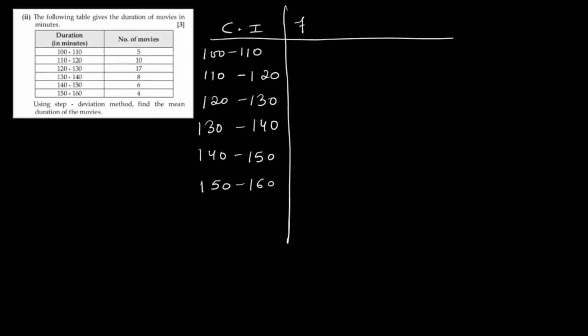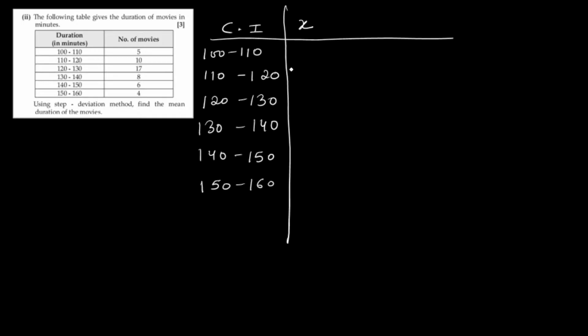So before writing frequency, what do we have to write? What do we have to write when we are finding mean? After class interval, what should we write when we are finding mean? Yes, we have to find class mark, that is x. x is class mark.